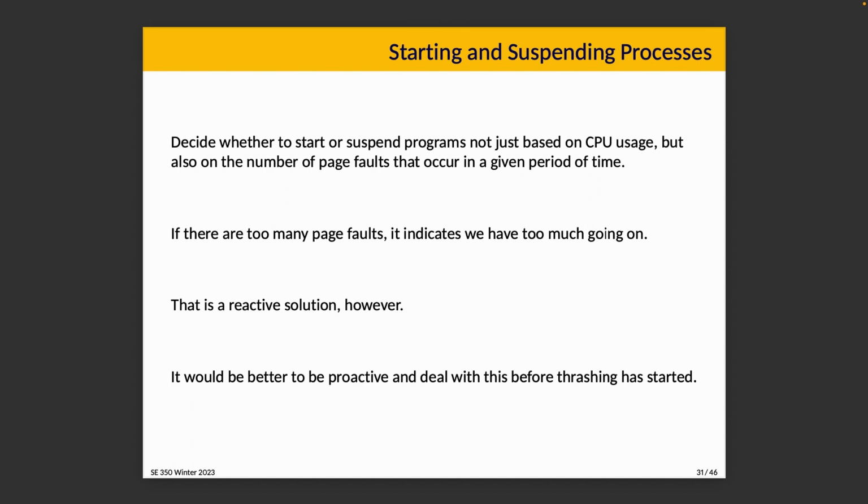So we could decide whether we need to start or suspend programs based not just on CPU usage, but on the number of page faults that occur in a given period of time. That's a good indication that maybe we have too much going on, right? And this is probably relatable.